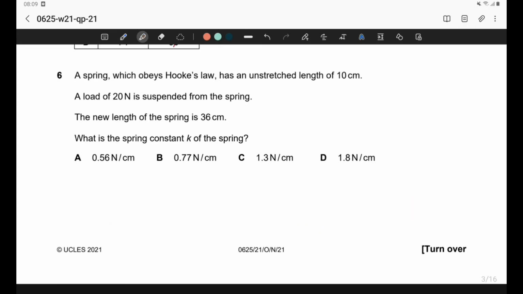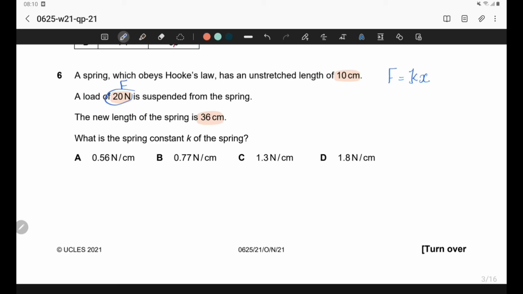Question 6. A spring which obeys Hooke's law has an unstretched length of 10 centimeter. A load of 20 Newton is suspended from the spring. The new length of the spring is 36 centimeter. What is the spring constant K of the spring? Here we can use Hooke's law equation, that is force is equal to spring constant times extension, where force is given, but extension is not given.